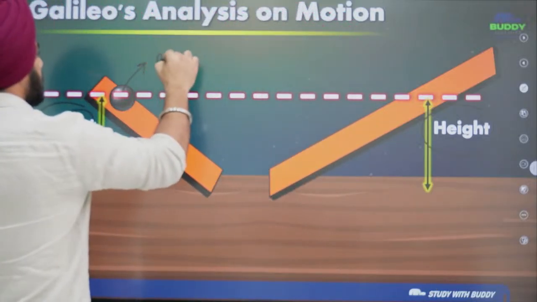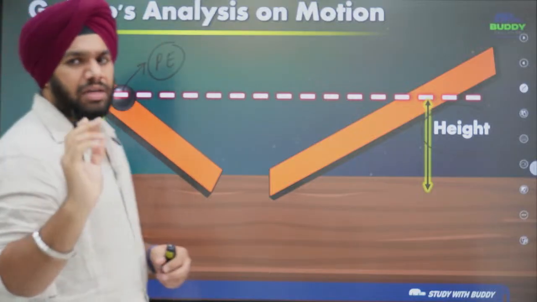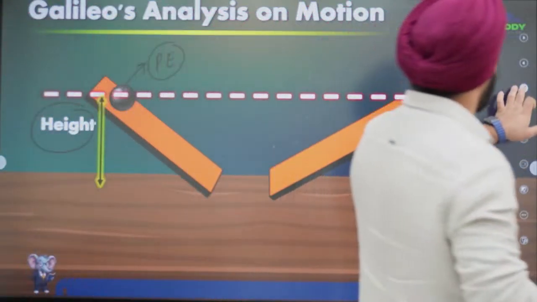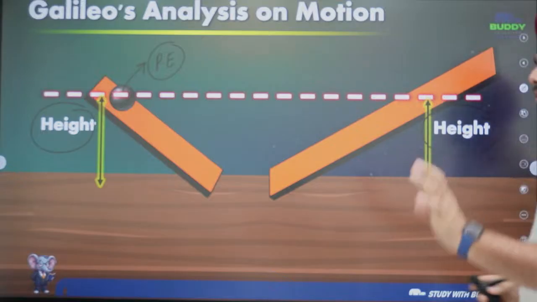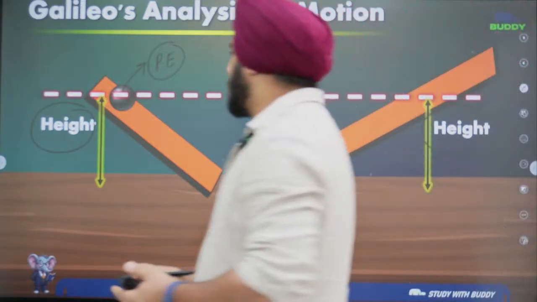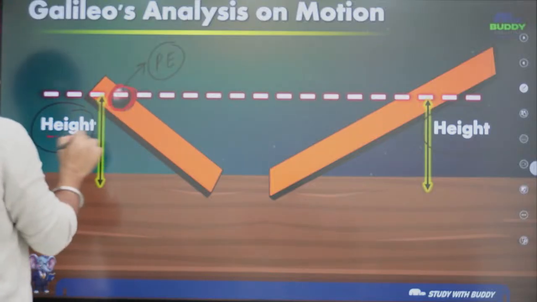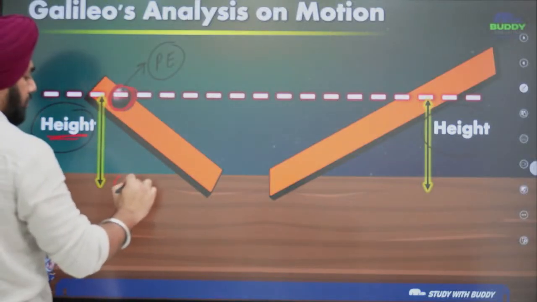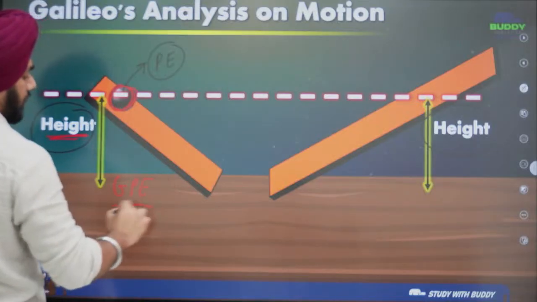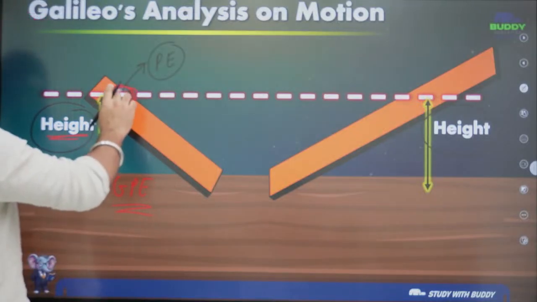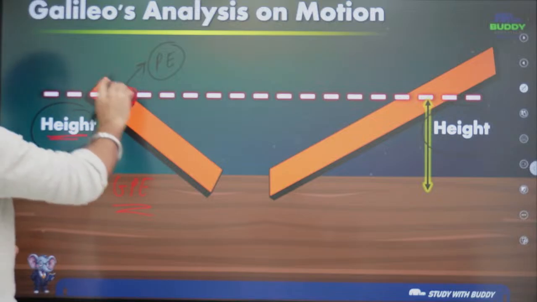there is some potential energy, right? You must have studied potential energy and kinetic energy. Maybe you have some idea, yes or no? So this ball, because of its height, had some gravitational potential energy. Now when it was freely left, it moved down.